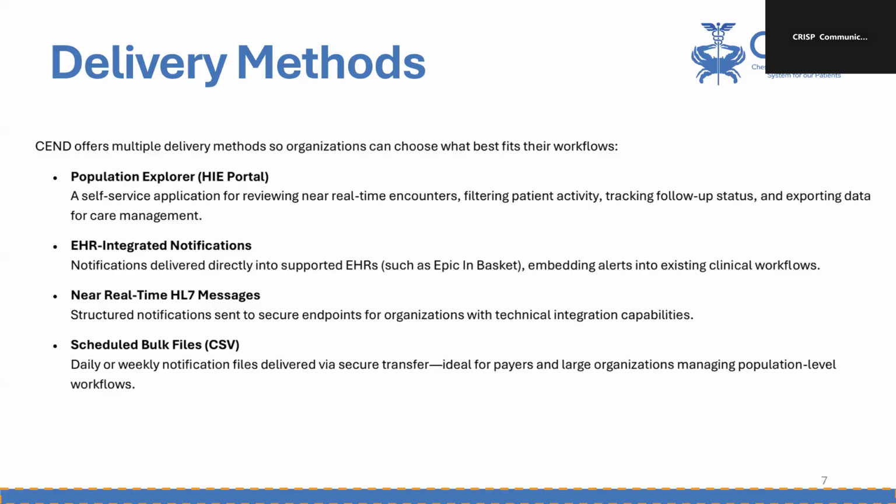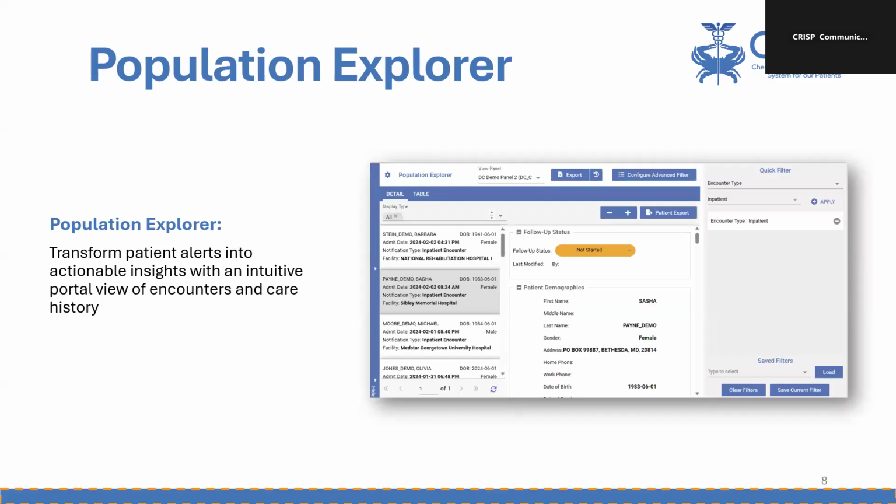In particular, the middle two, the EHR and HL7 messages. Most organizations can be set up with a MFT. We typically just ask that there be one source for an organization rather than multiple. So the benefit of the Population Explorer tool is all of your clinical users can actually have access to this through the portal.